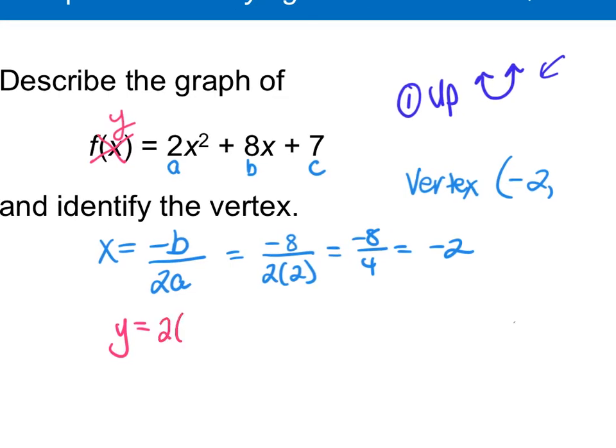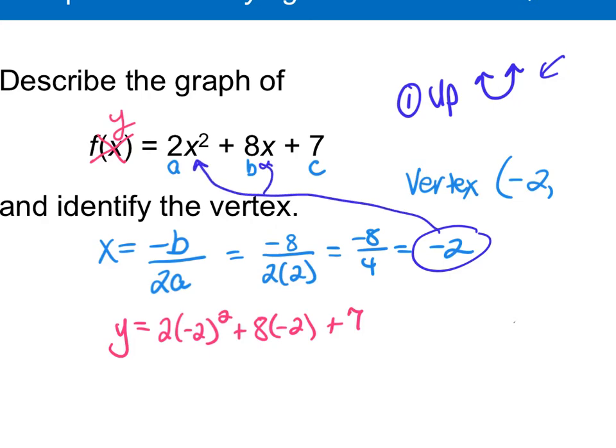So I would say 2, and instead of x, I put -2 squared plus 8 times -2 plus 7. You use negative b over 2a to find the x. Then you take that number and you plug it back in here to find y.